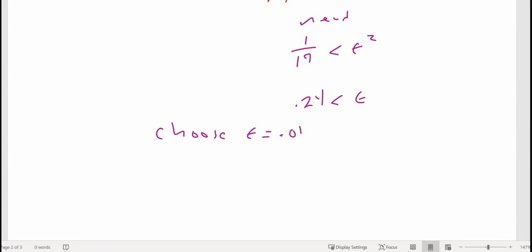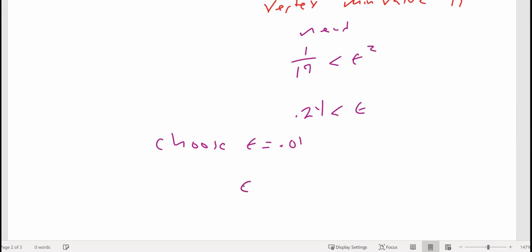Then epsilon squared would be 0.0001. Well, that is certainly not greater than the 0.24. If I pick something small enough, that inequality fails.